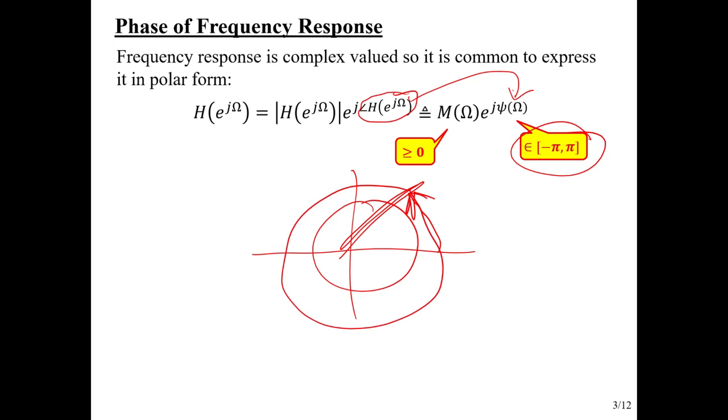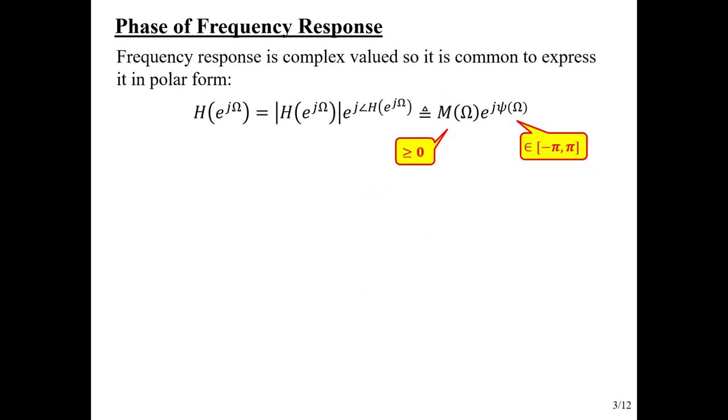So angles are 2 pi periodic in some sense, or 2 pi ambiguous. But we often enforce mathematically that they lie between minus pi and pi. And that becomes somewhat of a problem. That's one of the things that we'll address in this set of notes, is how to deal with that.